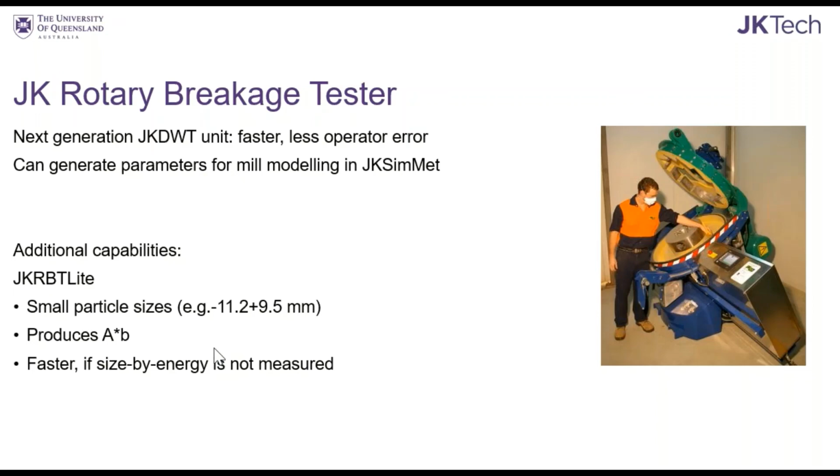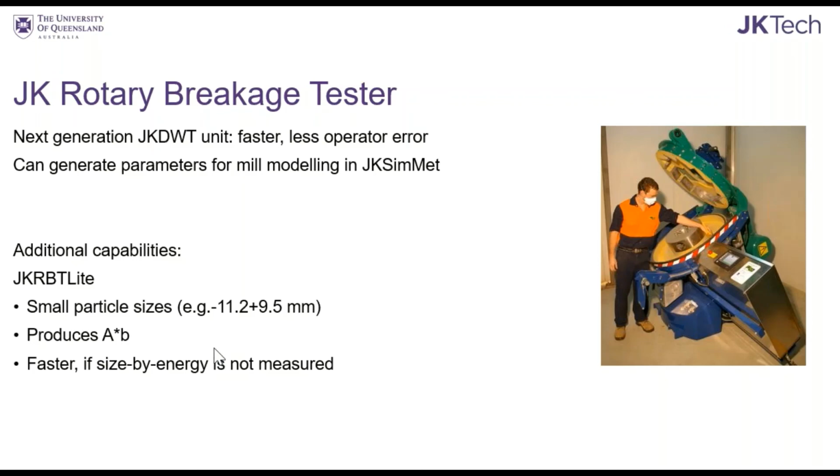But of late, we've been using it for a particular test called the JKRBT Light test. That's a scaled down version, which uses much smaller particle sizes down at the 10-11 millimeter mark in order to produce an Axb number.